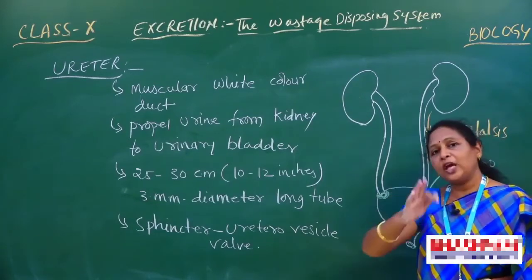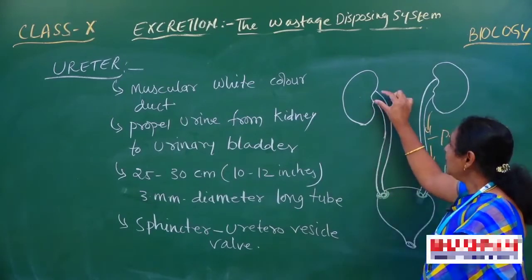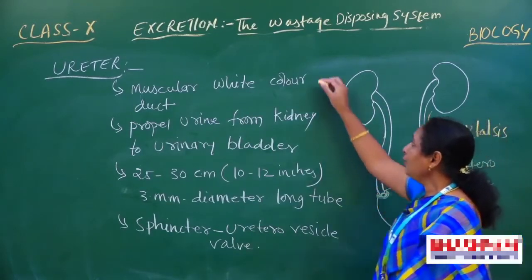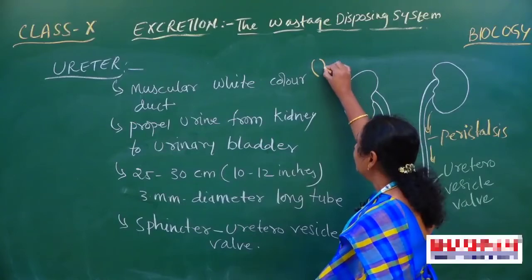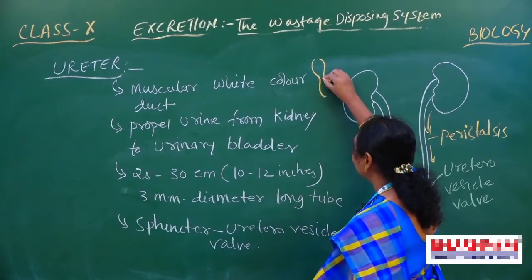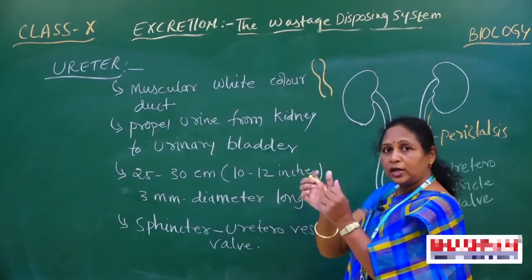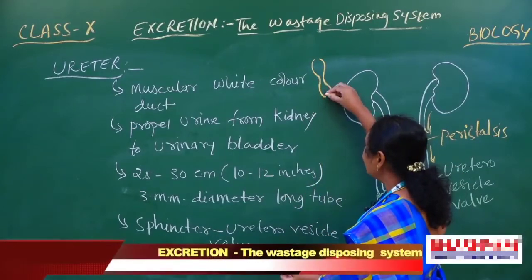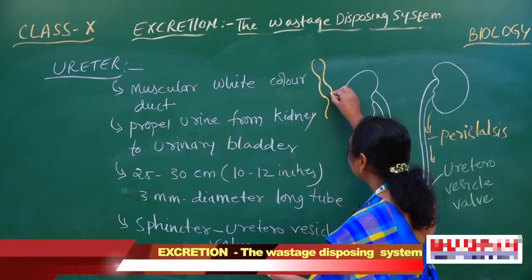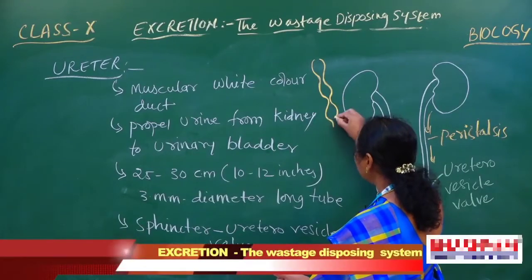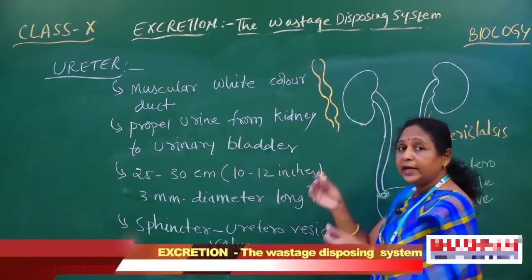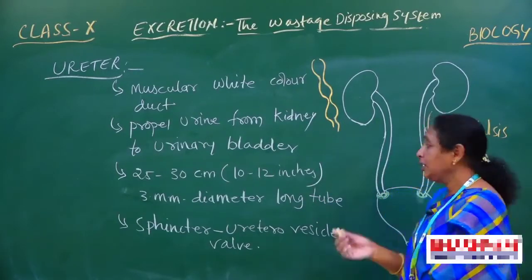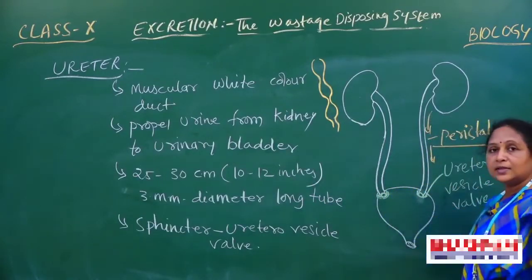Peristalsis means one wavy movement: the muscular structures present on the tube contract at one time and expand at another. Some muscles contract, the next muscles expand. Then the first muscle contracts and the second muscle relaxes. This alternating contraction and expanding nature we call peristalsis.